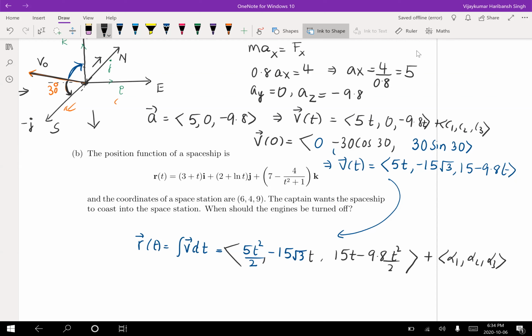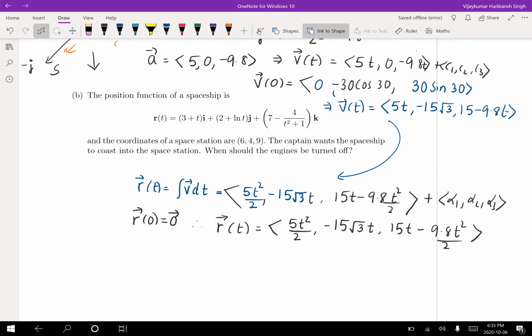However, r of 0 is the zero vector, so everything becomes 0. Therefore, r of t equals (5t squared by 2, minus 15 root 3 t, 15t minus 9.8 t squared over 2). So this is your r of t.